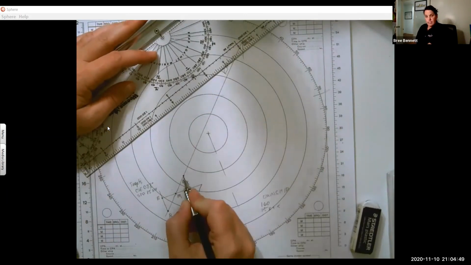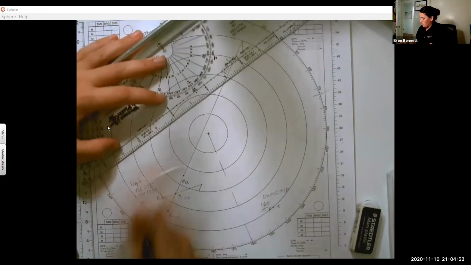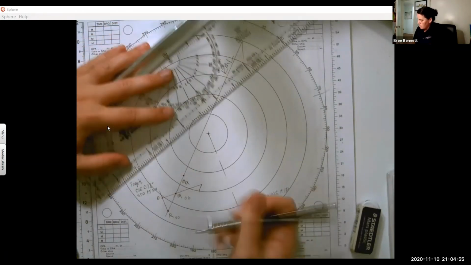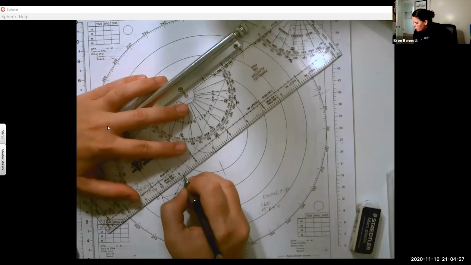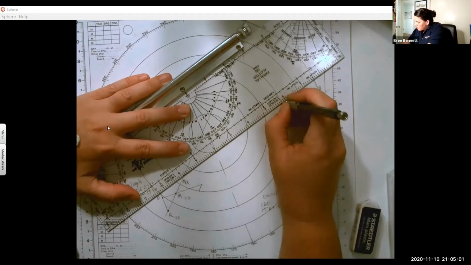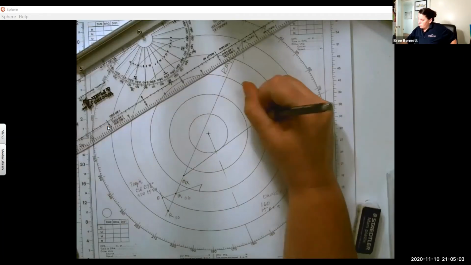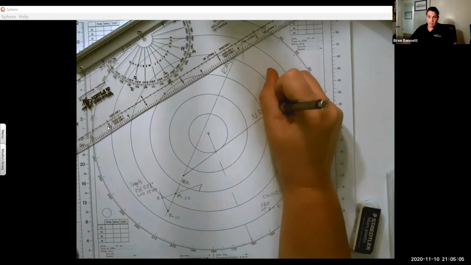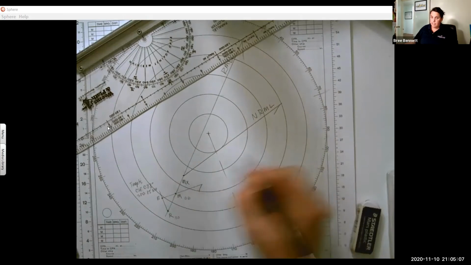My MX was at minute 12. So here is going to be my new relative motion line. So it's going to cross in front of me.